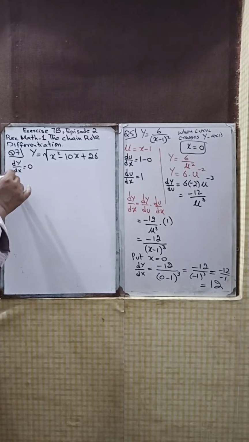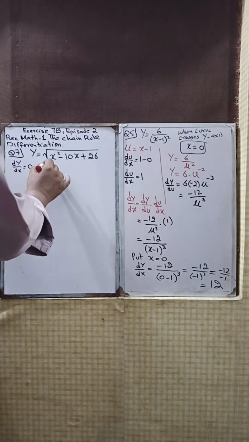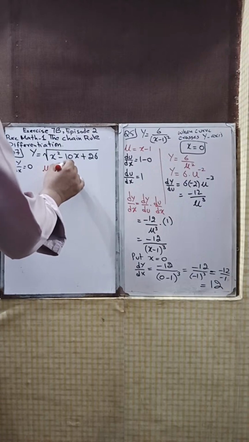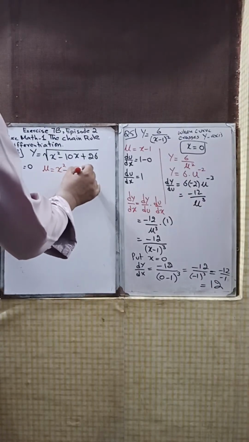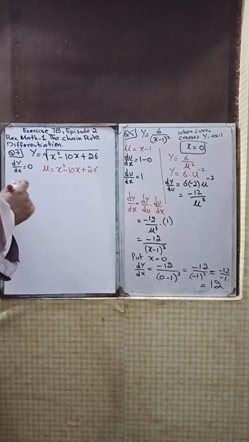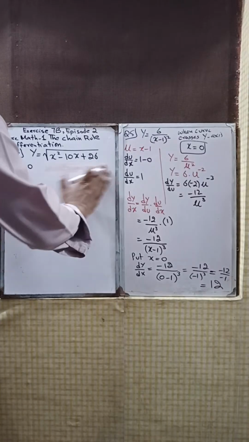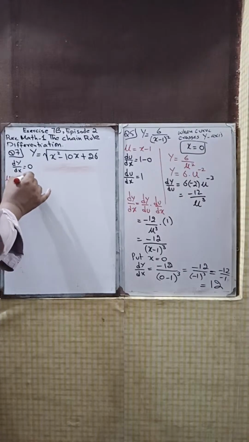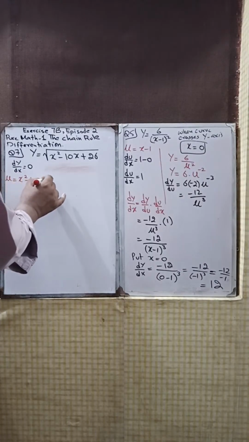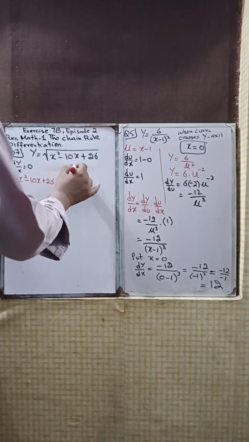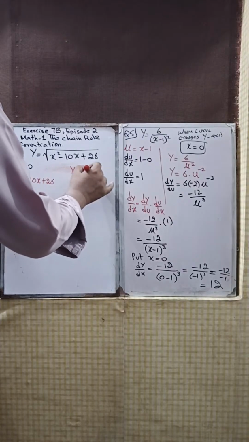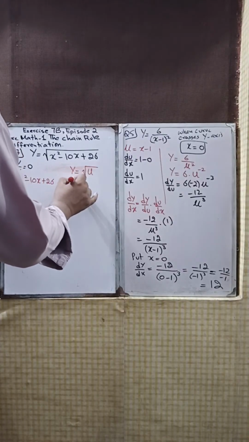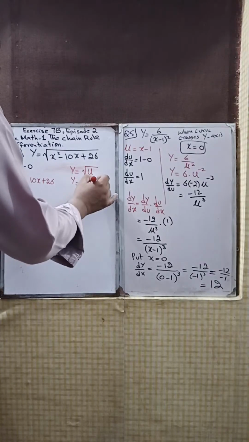So I will suppose that u is equals to x square minus 10x plus 26. Let me write it here so it makes no confusion. That means y is equals to under root of u, so y means u raised to power 1 by 2.